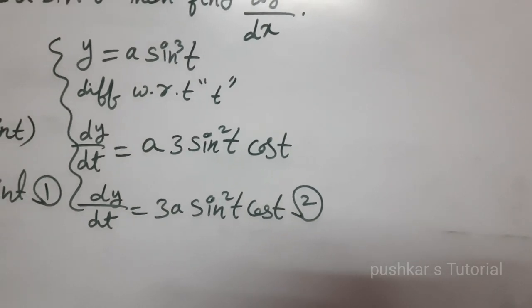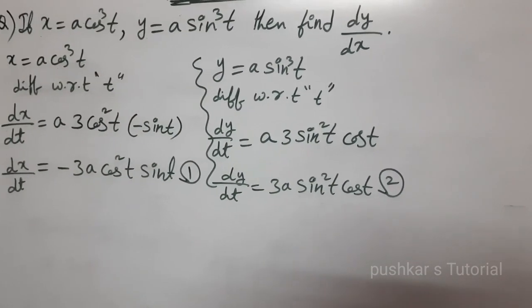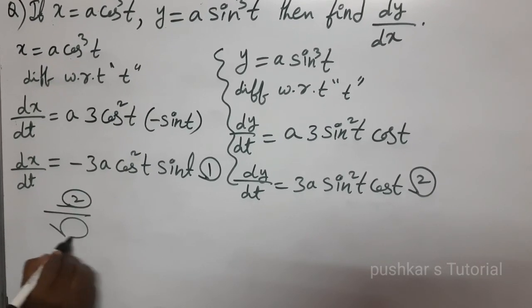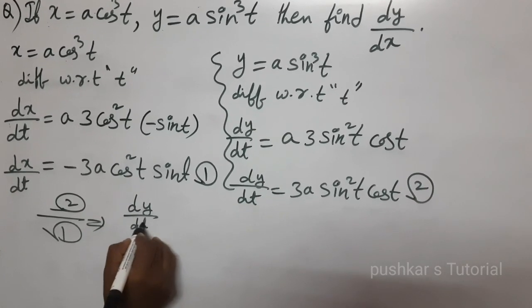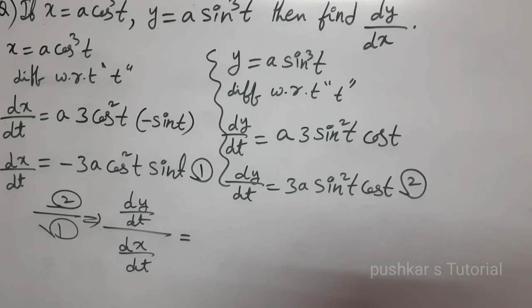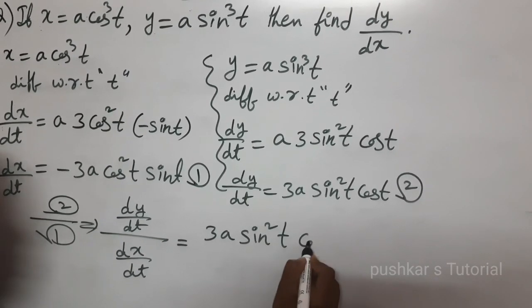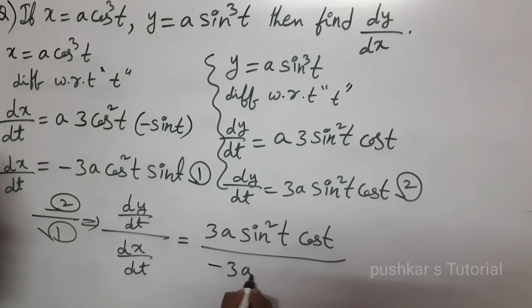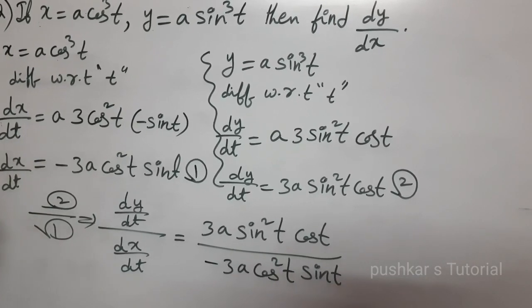Now I need to find dy by dx. So y is in the numerator, x in the denominator, so we have to do equation 2 by equation 1. So dy by dt whole by dx by dt is equal to 3a sin square t cos t by minus 3a cos square t sin t.